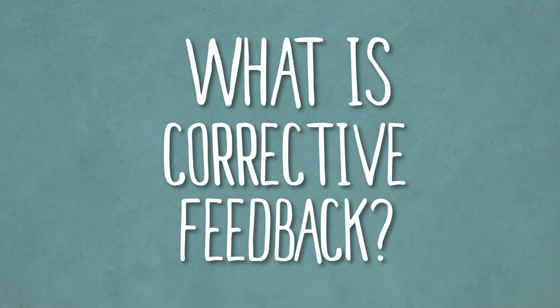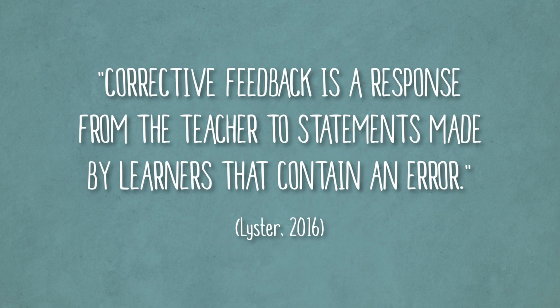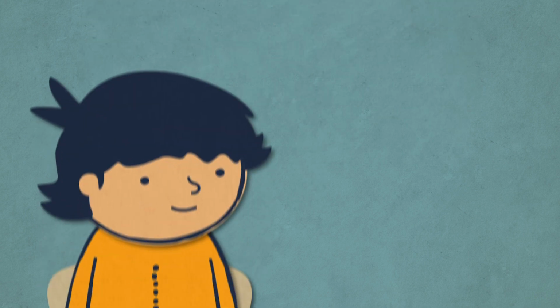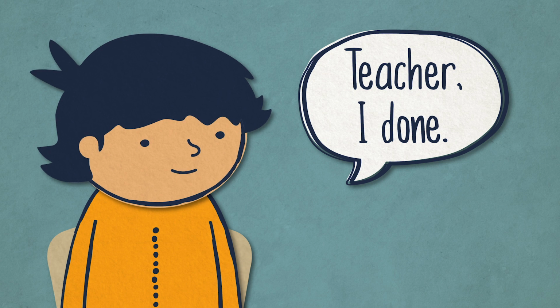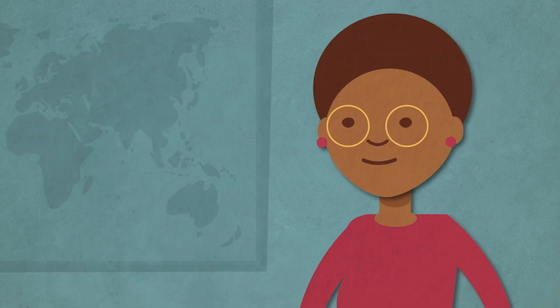What is corrective feedback? According to Roy Lister, corrective feedback is a response from the teacher to statements made by learners that contain an error. In other words, teachers offer corrective feedback by noticing a learner's error and offering directions or clues about how to correct that error.